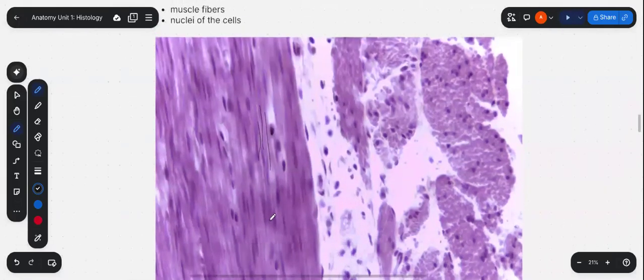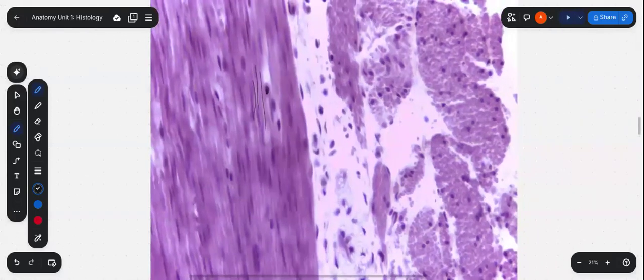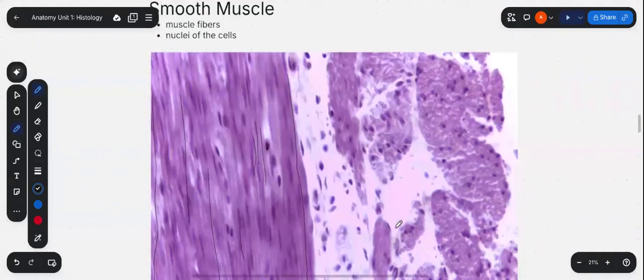Now, the only part on this image that is showing smooth muscle is going to be from here, where this line is, to here at the border. So this stringy area, this is going to be your smooth muscle. This area, that is a different type of muscle and other cells. It is not smooth muscle tissue.